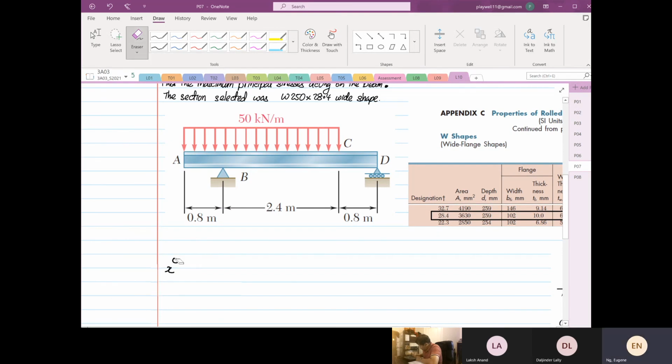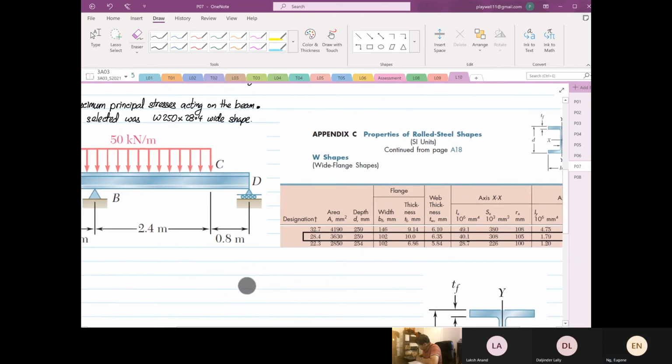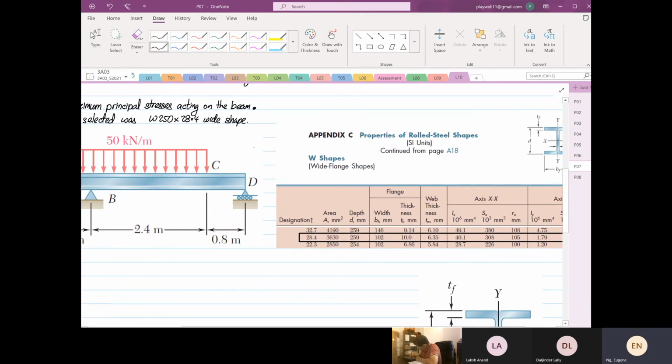In this direction, our x is coming up. Our y is going upwards, and this is our z. And we have our rotation in the x.